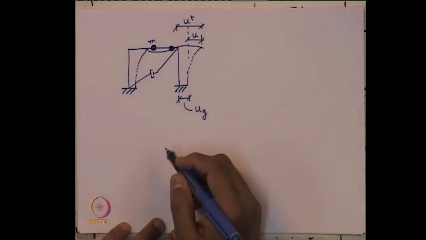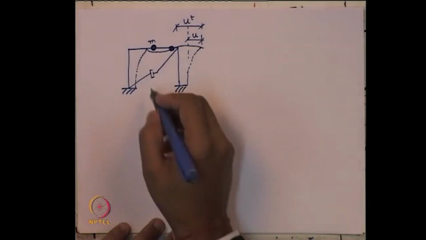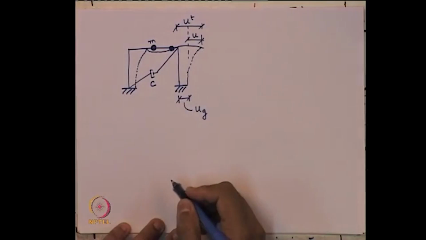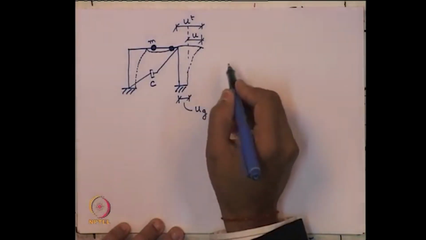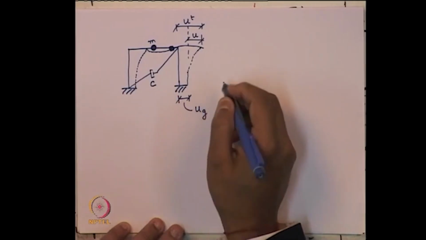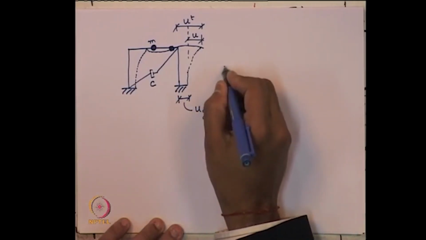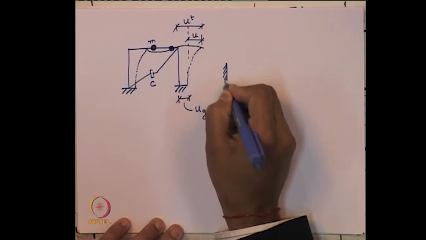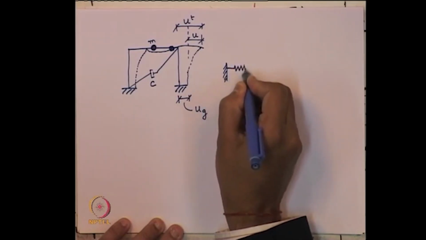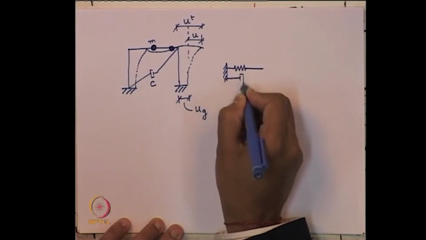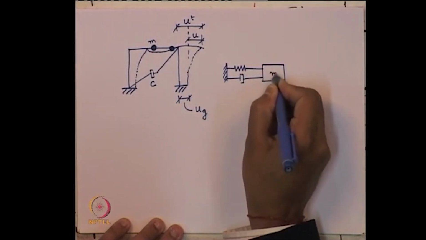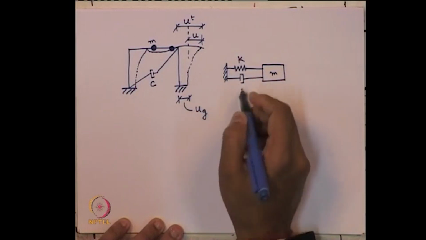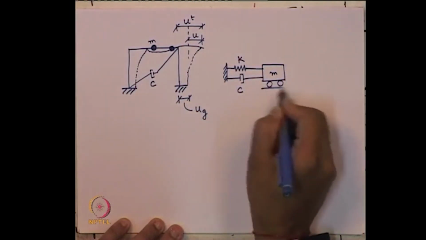So, if the damping constant is C and K is the stiffness coming from the column, writing down the conventional mass spring dashpot system of a single degree of freedom system, what we can show over here: mass, spring constant, damper.